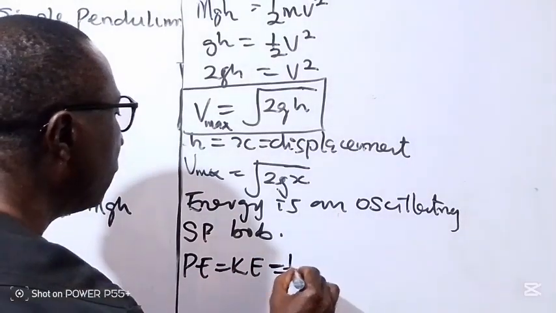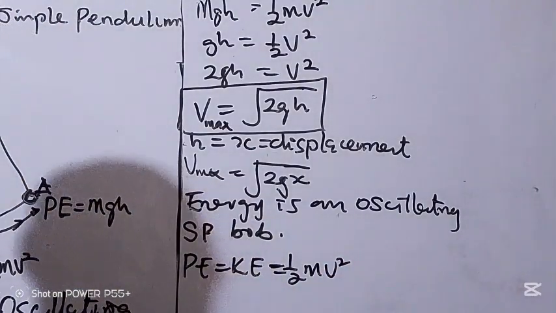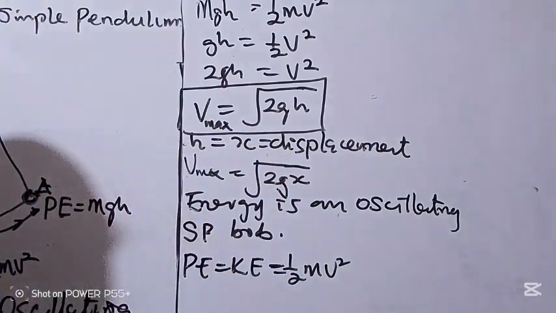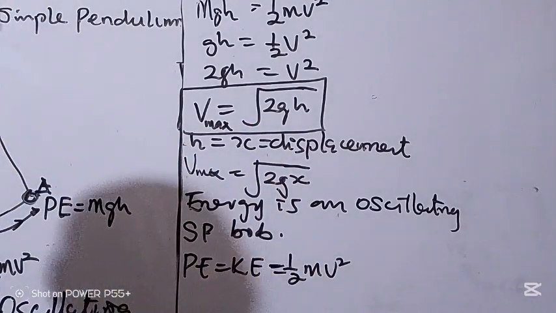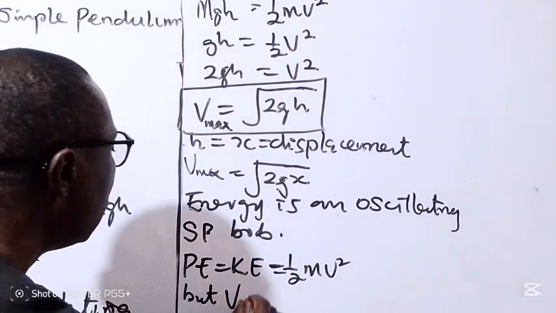And mind you, we said v for the oscillating simple pendulum bulb will be equal to the square root of 2gs.